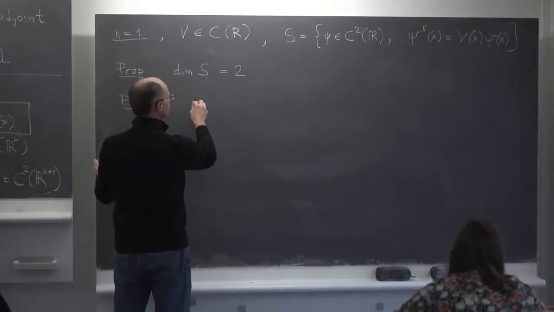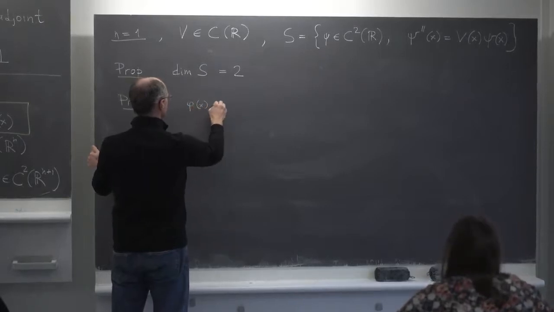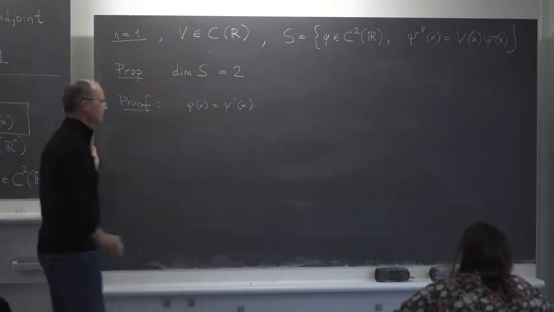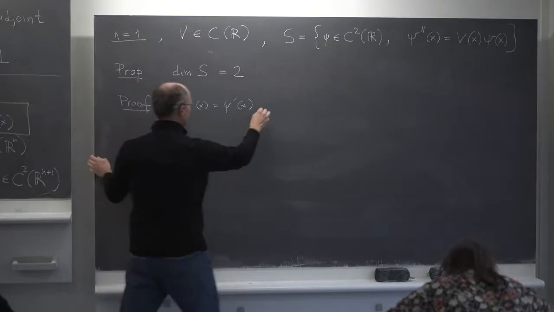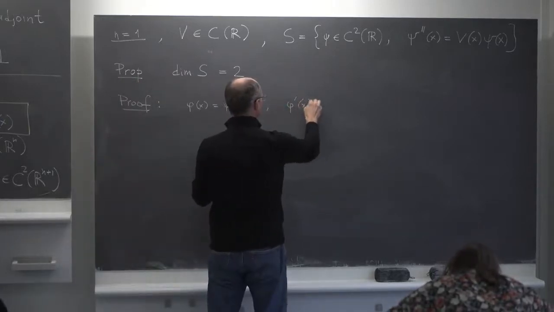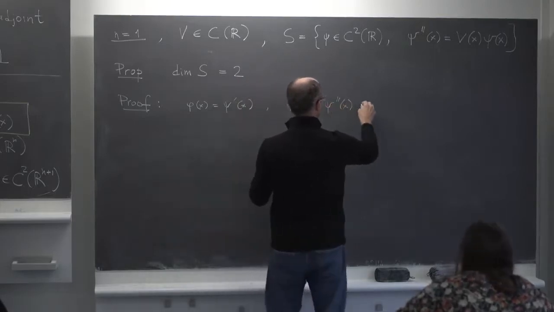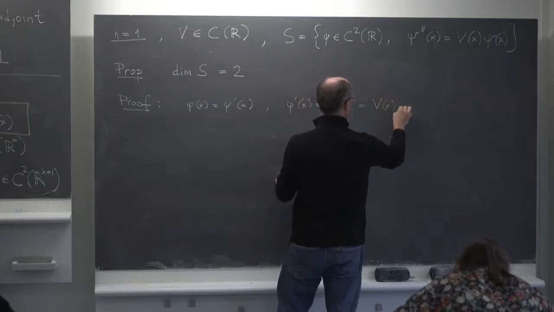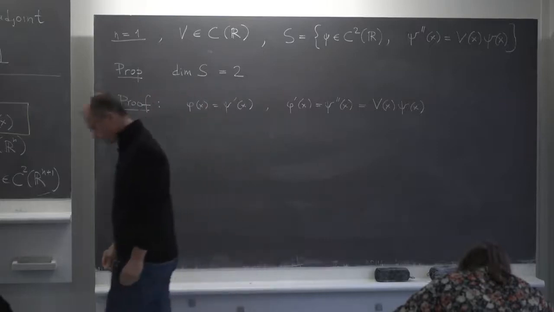So let's do the following. Let me denote by phi of x the derivative of psi, and so then of course phi prime of x is equal to psi double prime of x, and well, this is equal, according to this equation, to v of x psi of x.